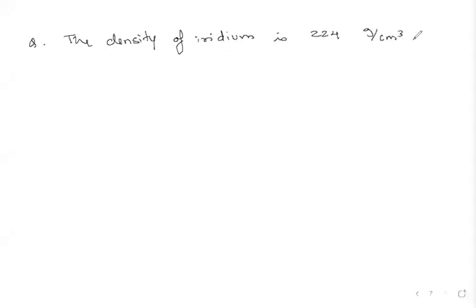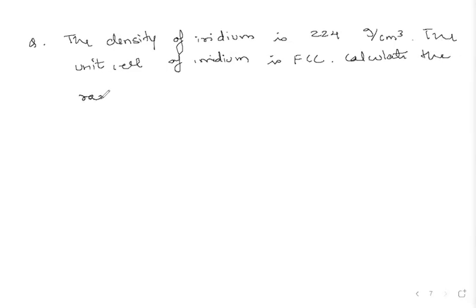The unit cell of iridium is FCC. Calculate the radius of iridium atom.